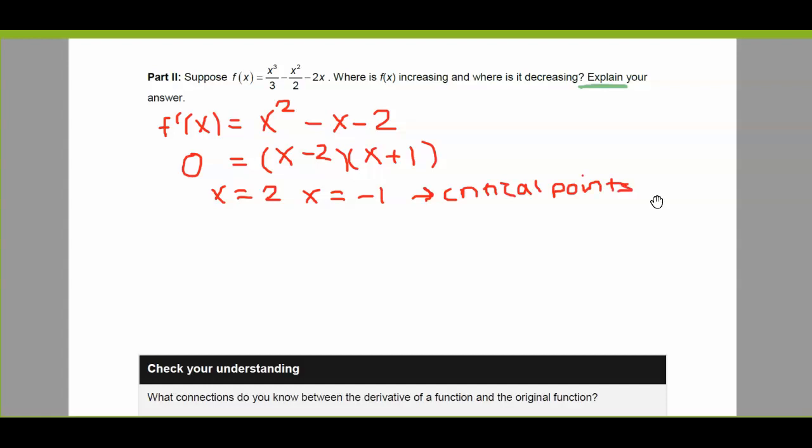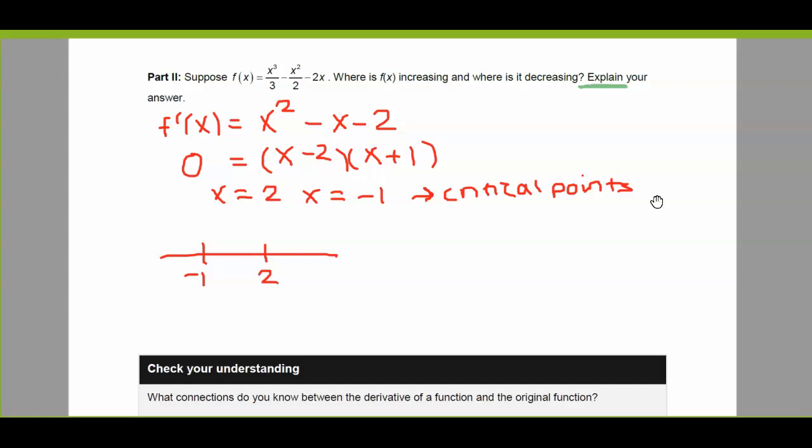And those critical points represent potential change in direction or change from increase to decrease. So we have these critical points where the derivative is 0. And what we want to do is determine what's happening around the function at those critical points.